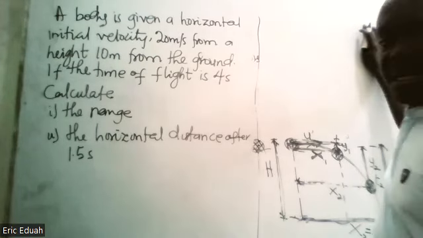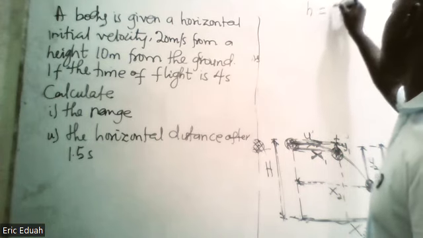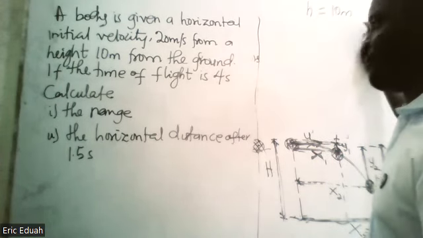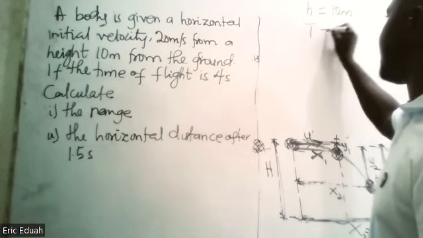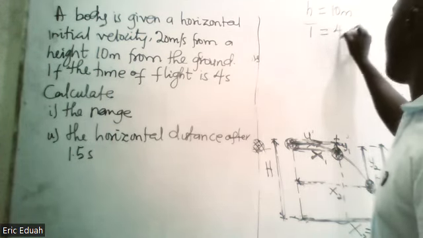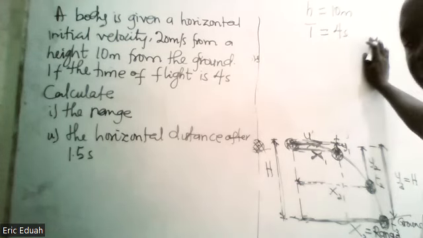Then the vertical height from the ground, h, is equal to 10 meters. Then the time of flight is equal to 4 seconds. We have to determine the range.